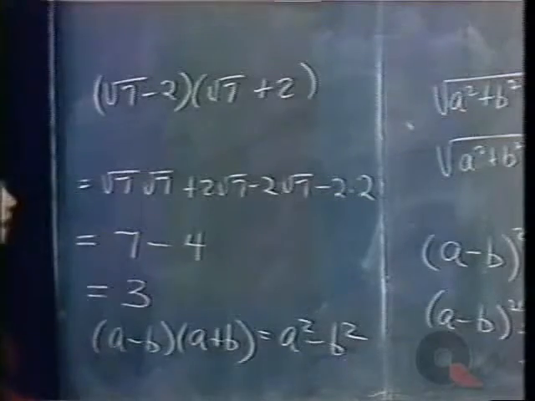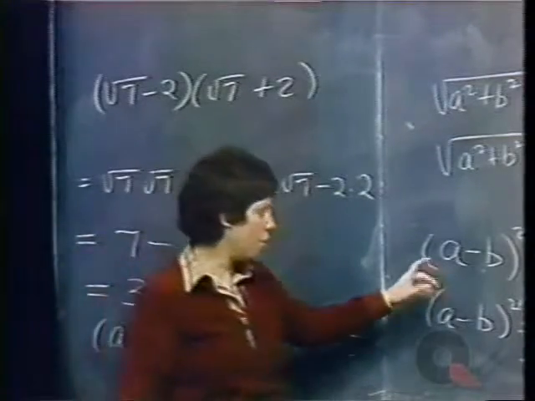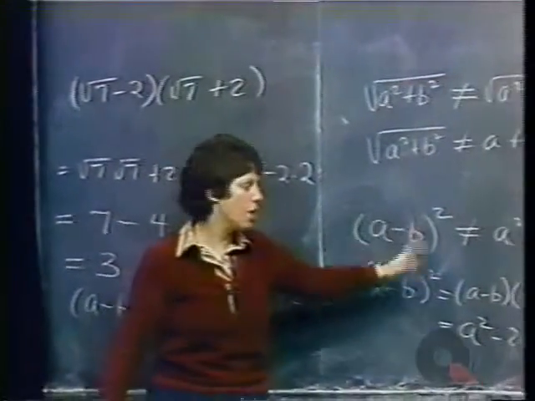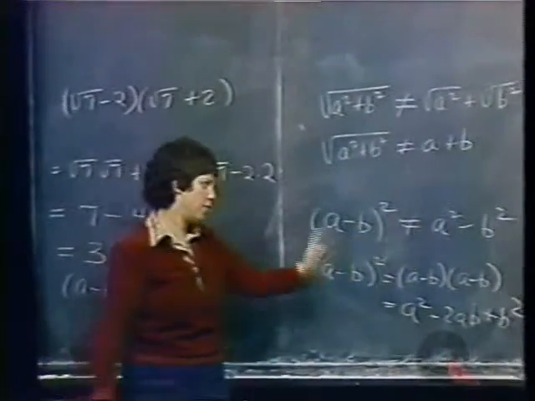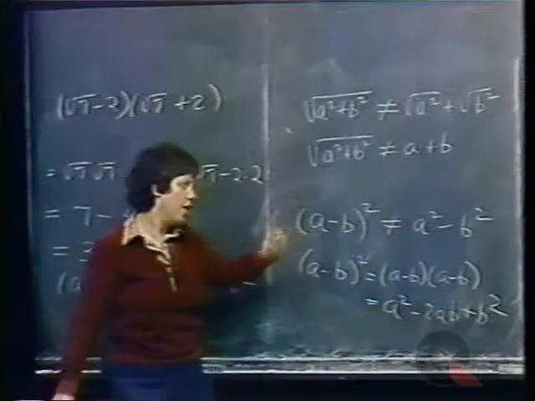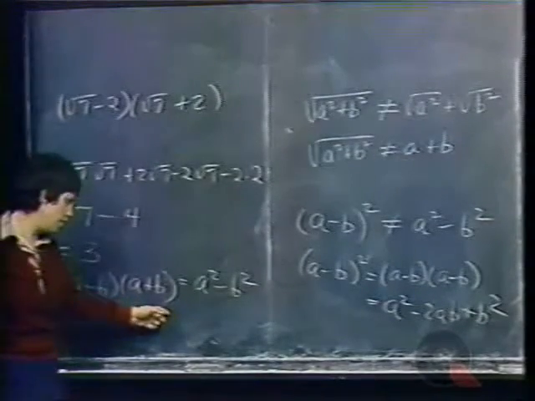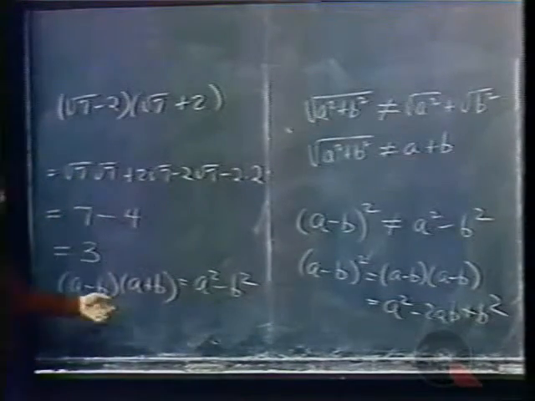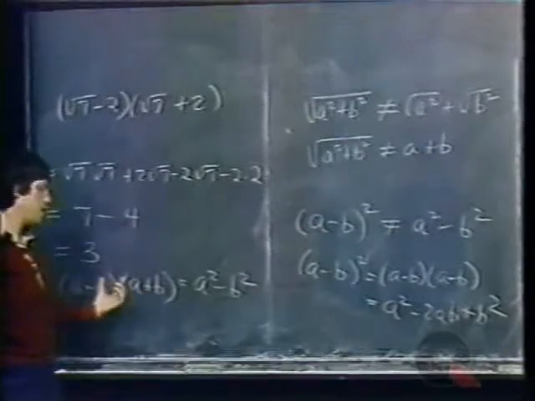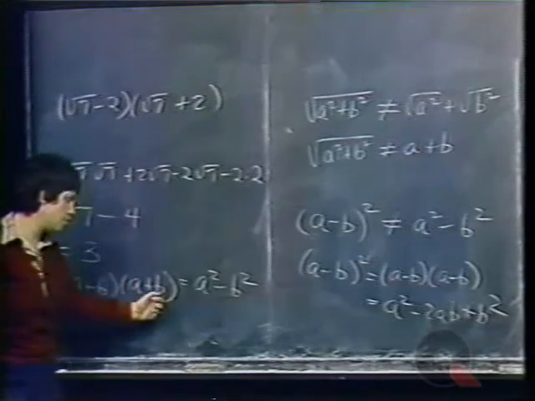So while a minus b squared is not a squared minus b squared, and you cannot distribute the power, if you multiply a minus b times a plus b using FOIL, you get a squared plus ab minus ab, they drop out, minus b squared.